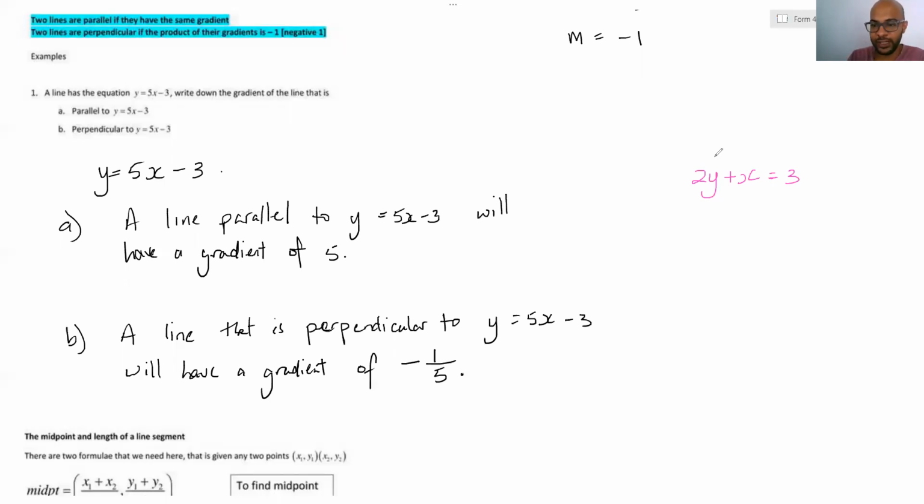We must rewrite this first in order to read off the gradient. So what we'll have to do is make y the subject of the formula by moving this x across here and also moving this 2. We'll have to divide throughout by 2. If you divide x by 2, what we'll get is a half.